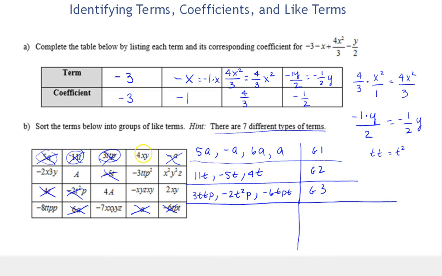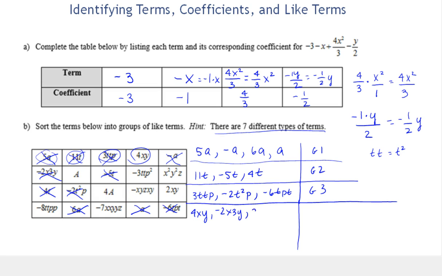It's now 4xy. So we want to find anything that has a single x and single y variable product. Well, this one has an x and a y. It's written really funny, and we can write a simpler equivalent expression, but it has 1 factor of x and 1 factor of y. That has too many. That has z's in it.